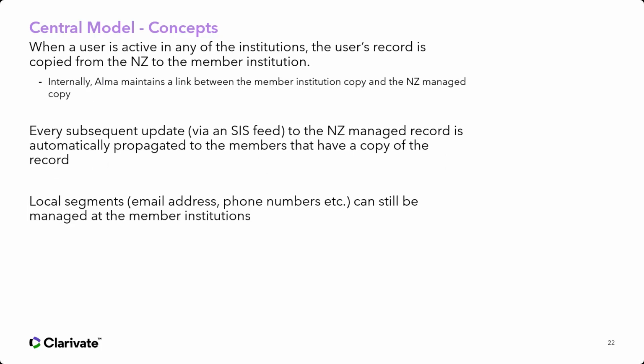Okay, so in terms of the data, what happens is that when the user is active at any of the institutions, and active goes back to what we discussed before, active means that there's a loan being done at one of the institutions or a request being done at one of the institutions. We'll see examples of that in a few minutes. So when the patron is active at any of these institutions, the account will be physically copied by Alma from the network zone into the institution, and it will happen just in time, on the fly, when the patron is active at the target institution. And this goes back to what I was saying before.